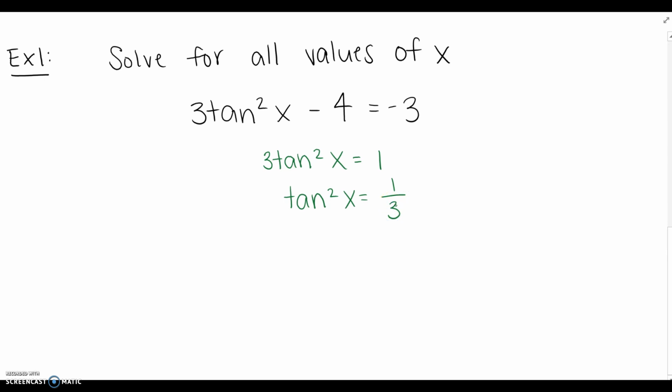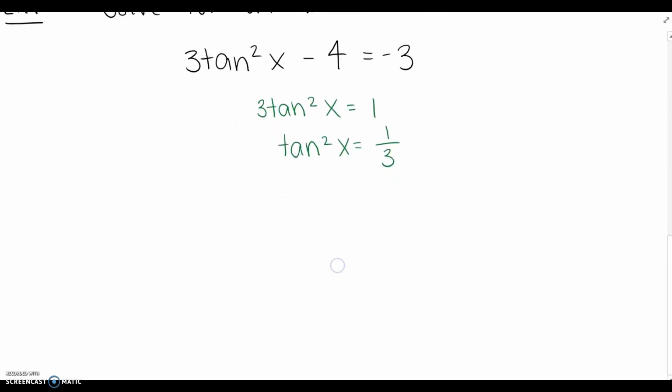And now we want to take the square root of both sides. So we're left with tangent of x equals plus or minus the square root of 1/3. And then we need to rationalize the denominator.